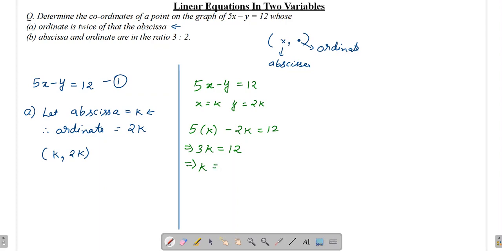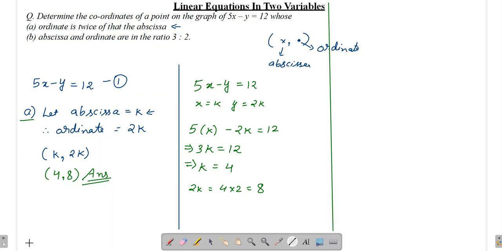On solving, it gives k is equal to 4, because when this 3 moves to this side, on division it gives you k is equal to 4. If k is 4, then 2k will be 4 into 2, that is equal to 8. So the coordinate will be k comma 2k, that is 4 comma 8. This is the required answer for the first part, and that's how we will calculate the solution.